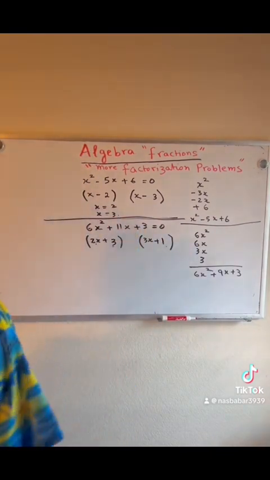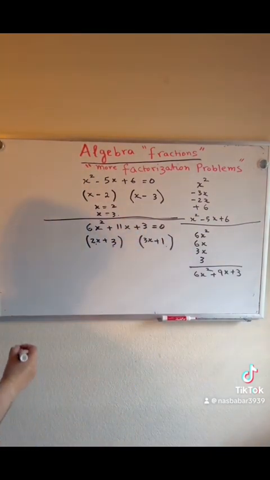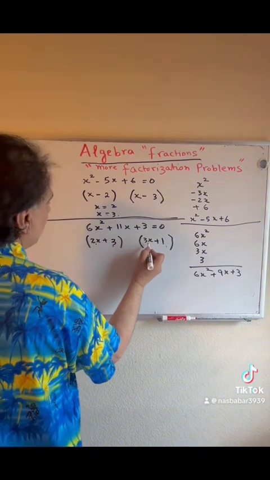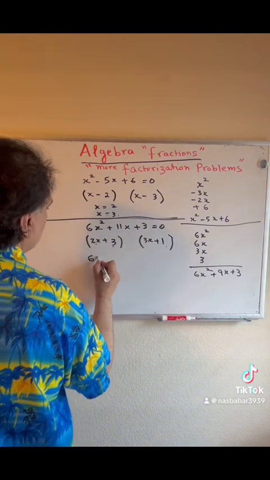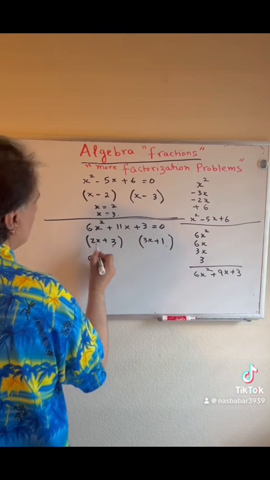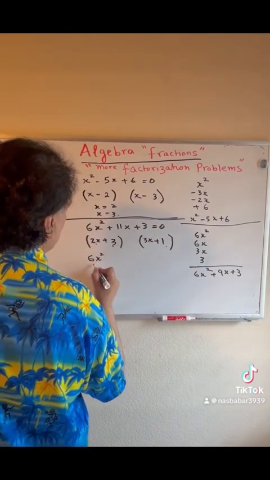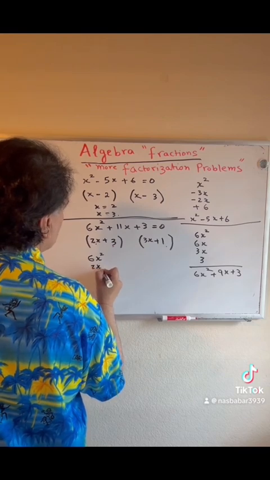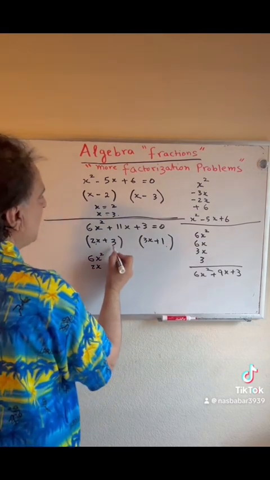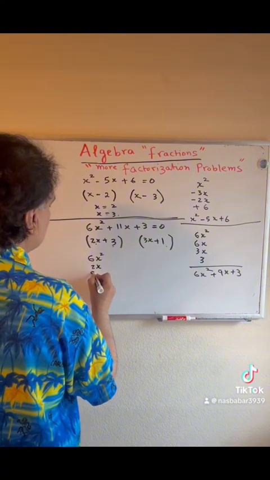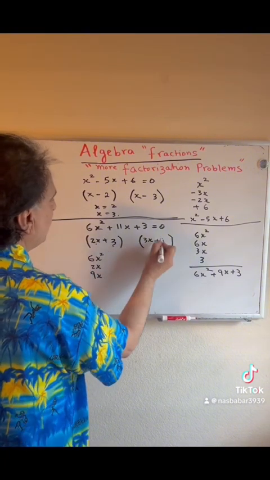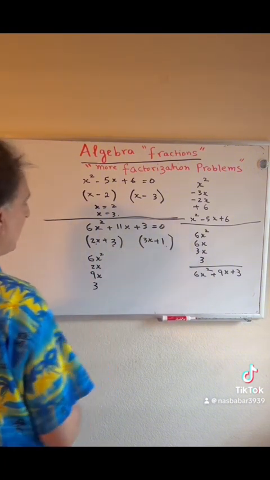Now let's go ahead and see if we can try to solve it. 2x times 3x gives me 6x squared, all right? 2x times 1 gives me 2x, all right? 3 times 3x gives me 9x. 3 times 1 gives me 3. So that makes sense now.